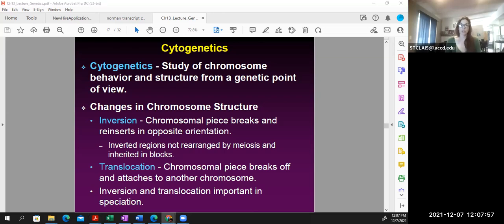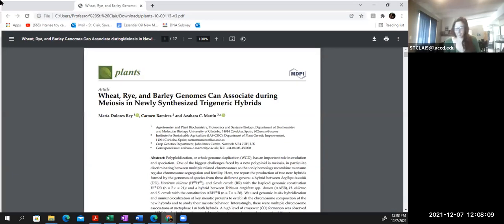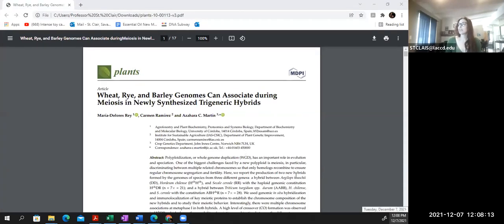They're especially well known for grasses. And I thought this was pretty interesting. I found this article showing that the chromosomes from wheat, rye, and barley can actually bond with each other. And they are actually going to associate and move together in meiosis.